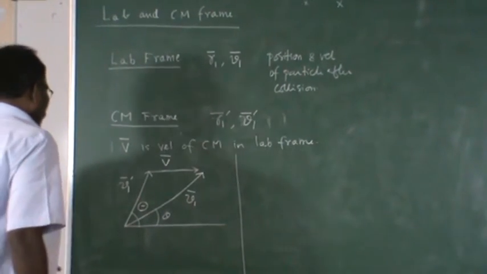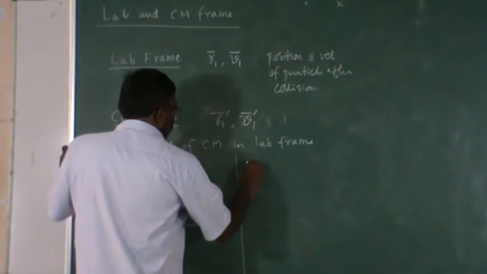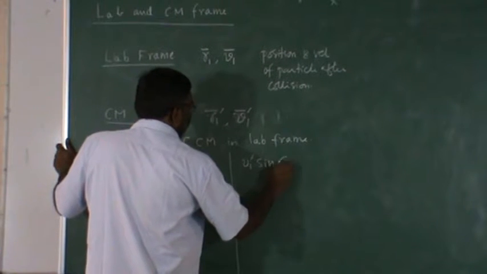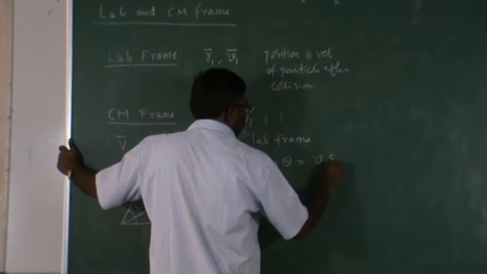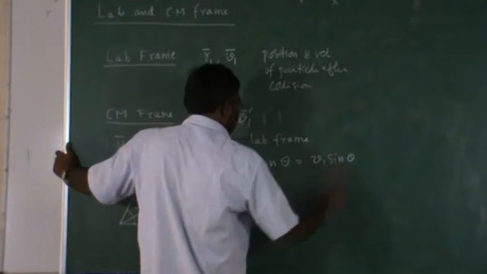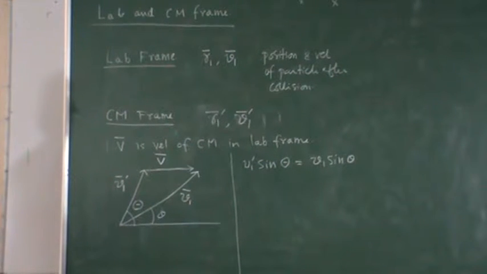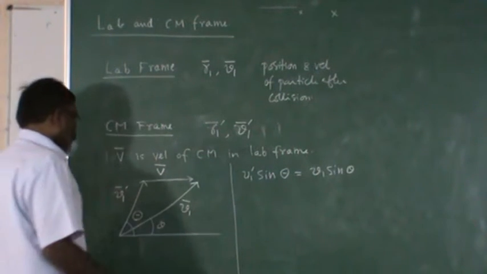Now you can write down that the vertical component V1 prime sin capital theta is equal to V1 sin small theta. Vertical components are going to be the same. What about horizontal components?